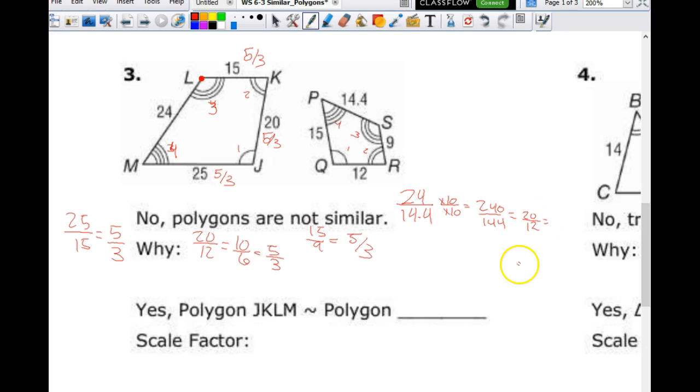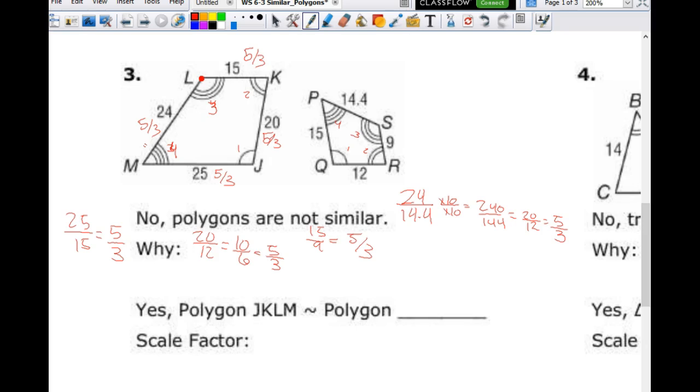Both can be divided by 2 or 4. Let's do 4. So 4 would end up being 5 and 3. Are they all the same? Man, that would have been very awkward if they didn't work. It's actually easier if they don't work out because you can stop on the one that doesn't. Does that make sense?